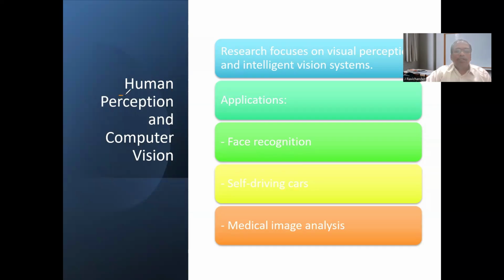Another important research area is human perception and computer vision. This is another cognitive interdisciplinary research area. Human perception and computer vision focuses on visual perception and intelligent vision systems.